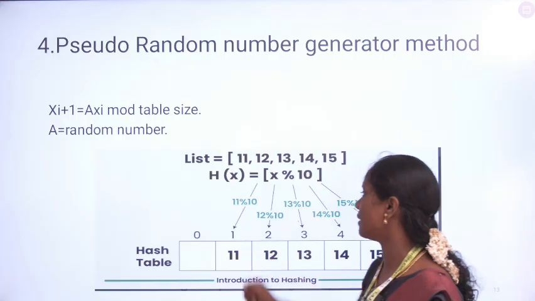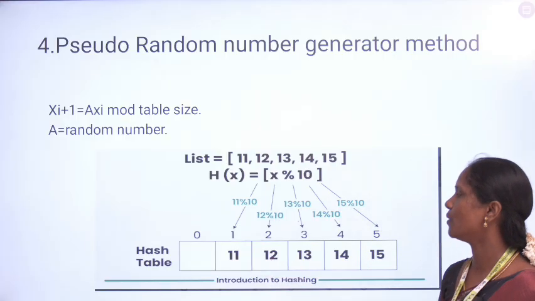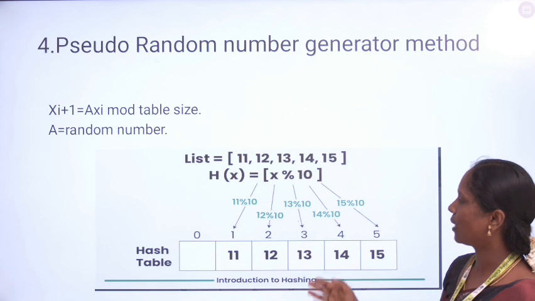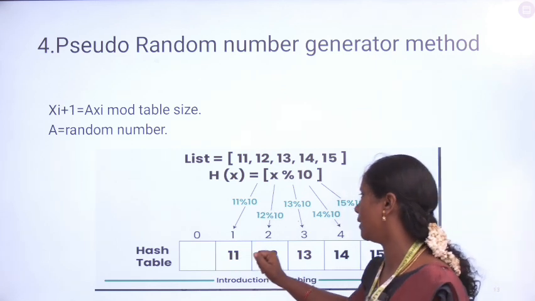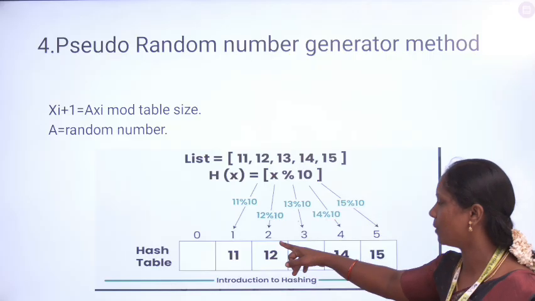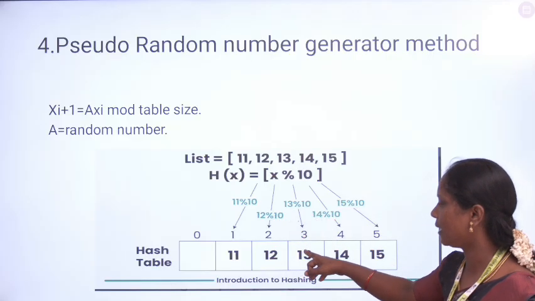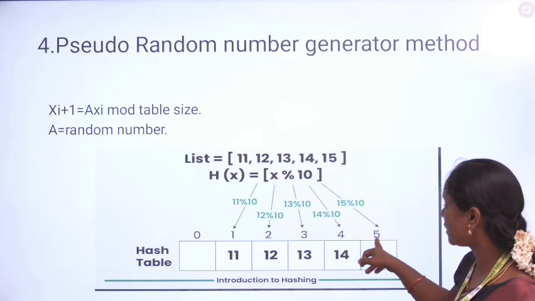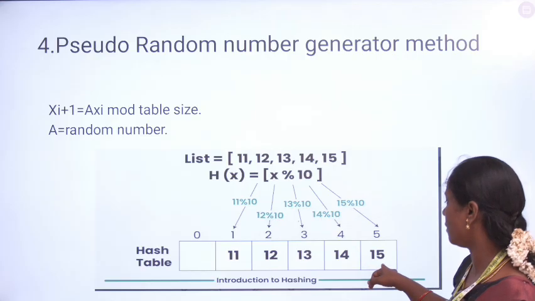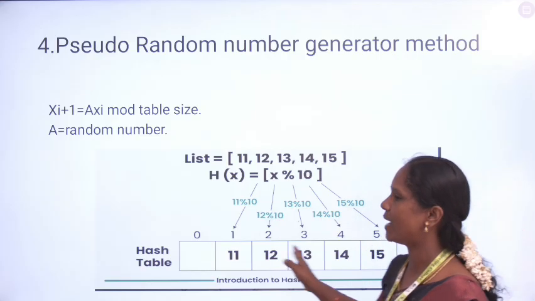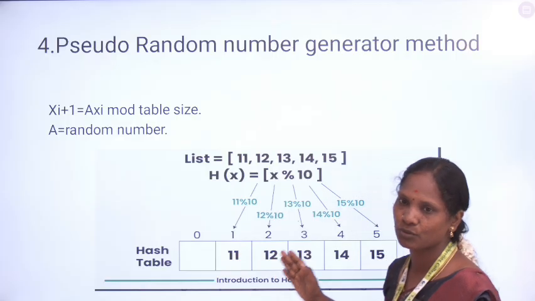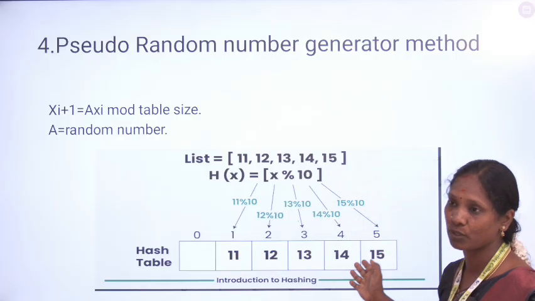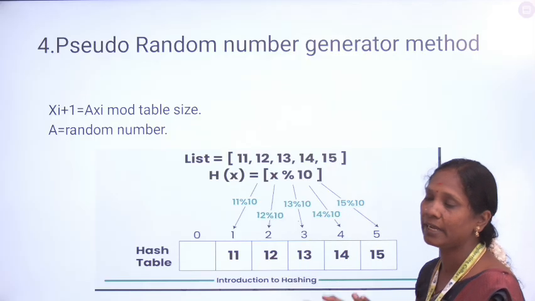For example, 11 by 10 gives remainder 1, 12 by 10 gives 2, 13 by 10 gives 3, 14 by 10 gives 4, and finally 15 by 10 gives 5. This is the hash table, which is used to store values based on the array index.